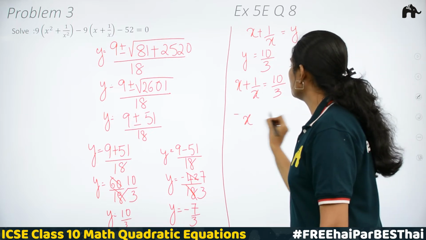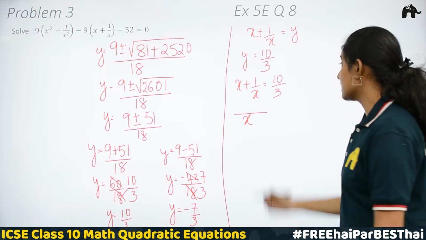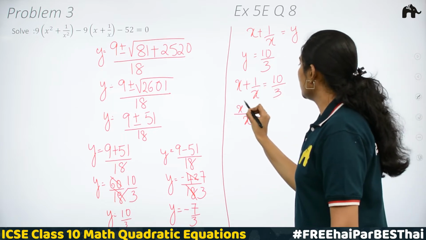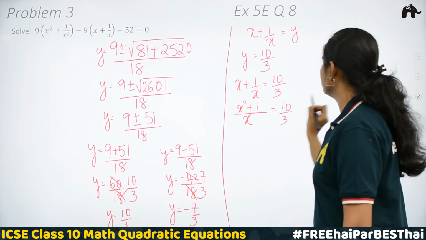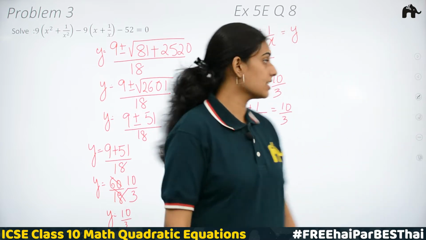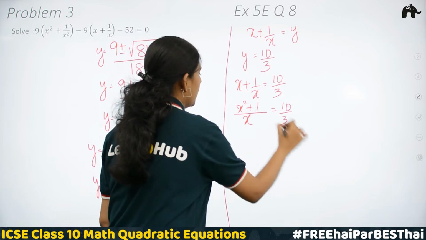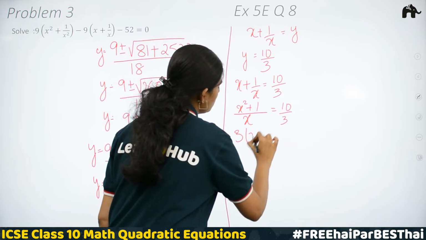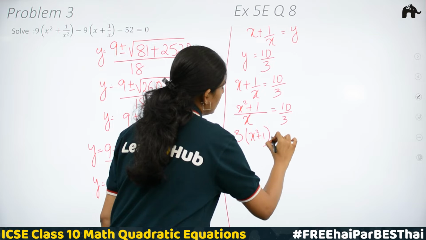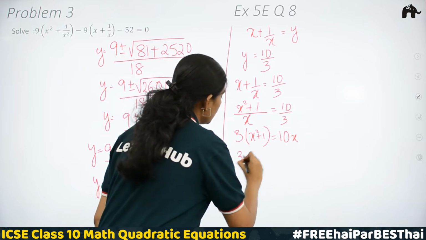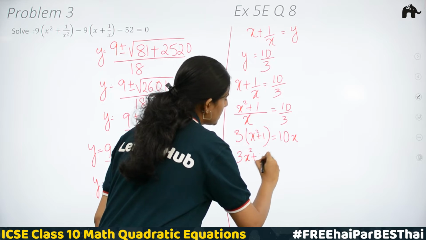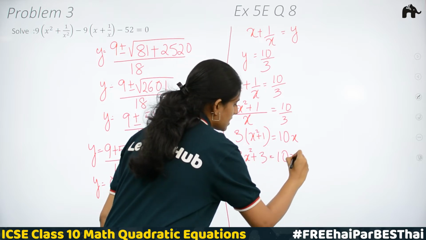Left hand side denominator you get x, numerator it is x square plus 1 is equal to 10 by 3. That is cross multiplying, 3 into x square plus 1 is equal to 10 into x, or 3x square plus 3 is equal to 10x.